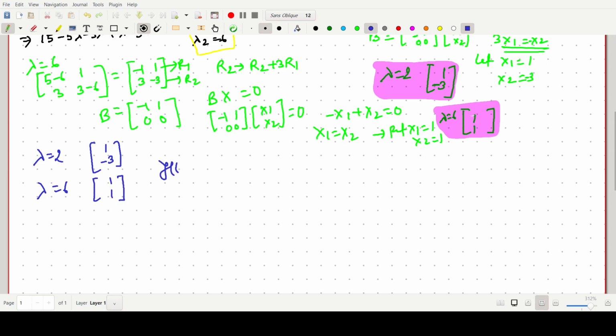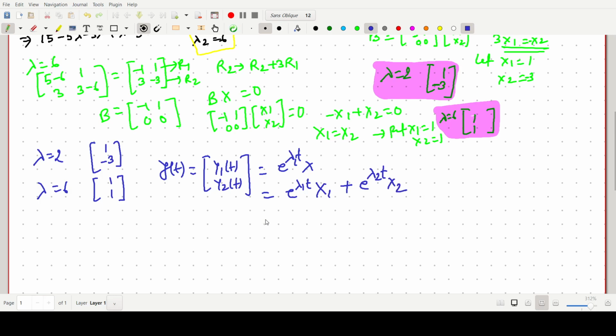Now we know that y(t) is nothing but simply our y1(t) and y2(t), and it is a function of e to power lambda t and x. So we can write e to power lambda 1 t times x due to eigenvalue lambda 1, plus e to power lambda 2 t and its eigenvector.